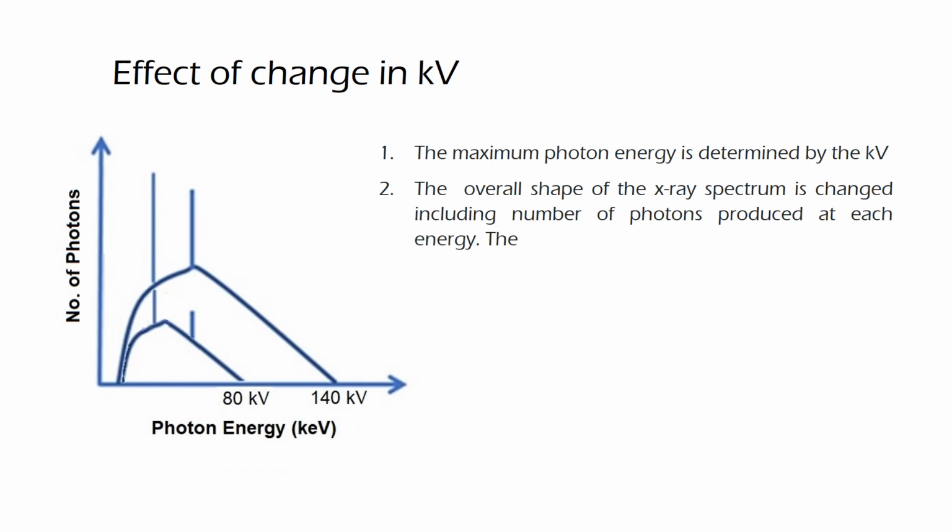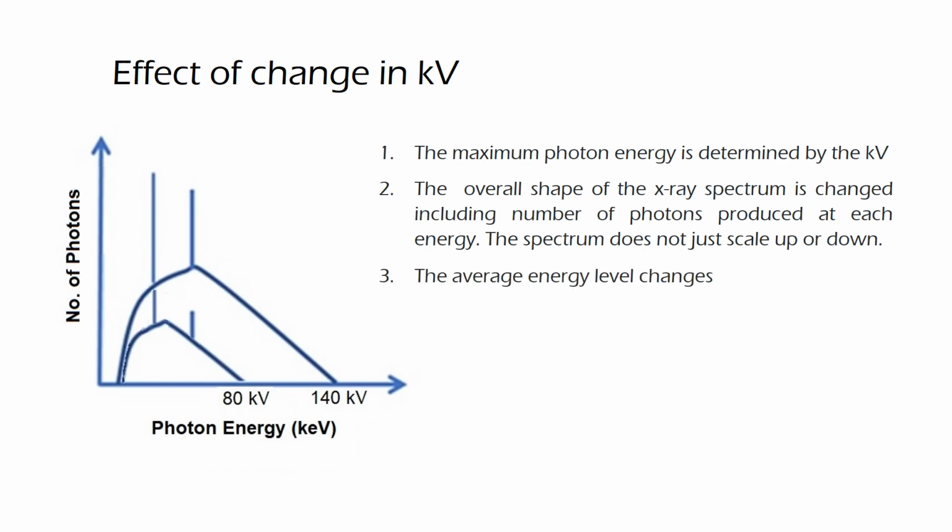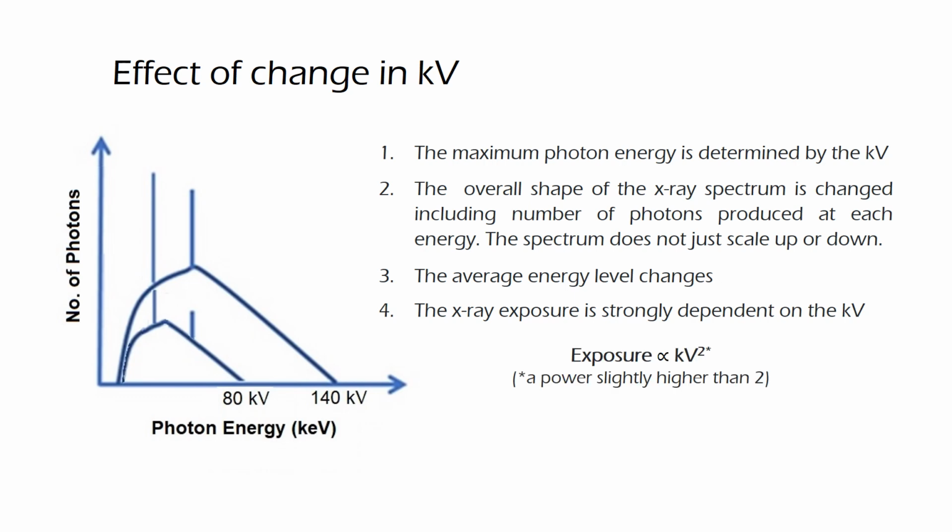The spectrum does not just scale up or down. The average energy level changes. The X-ray exposure is strongly dependent on the keV. The exposure is proportional to slightly greater than the square of keV.